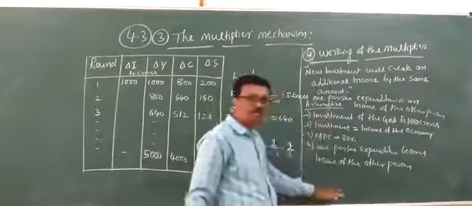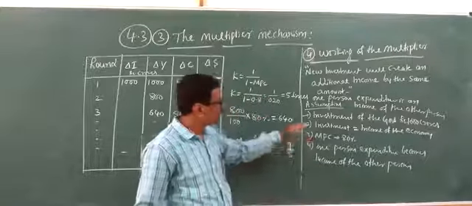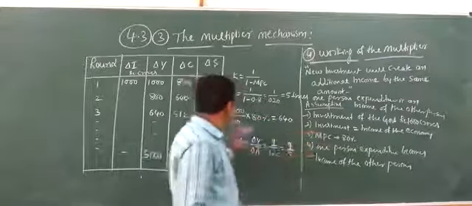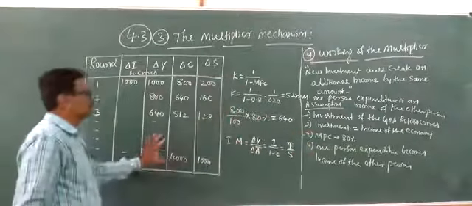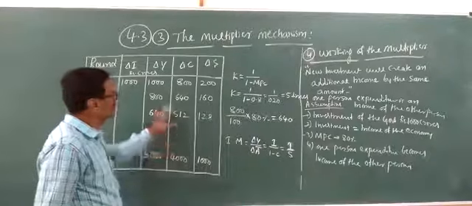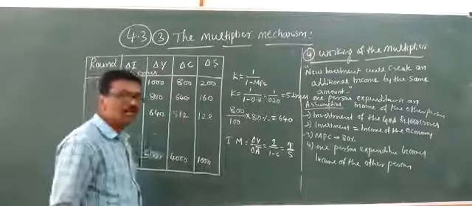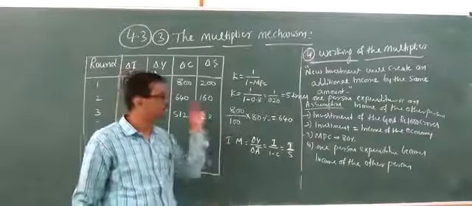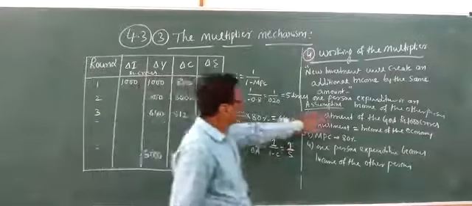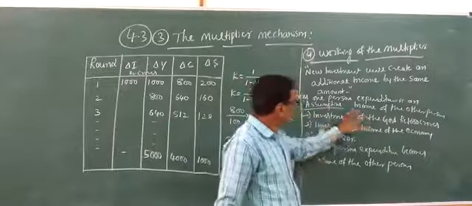Observe the assumptions, then prepare a table, as a 4 marks or 6 marks question may arise: explain the multiplier mechanism and the working of the multiplier, in the annual examination. Once again, repeat the assumptions.